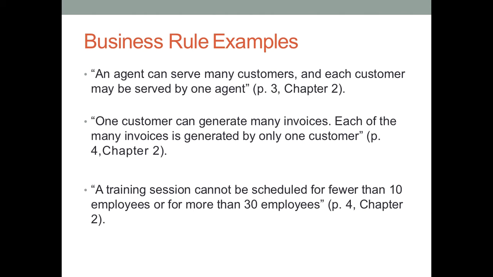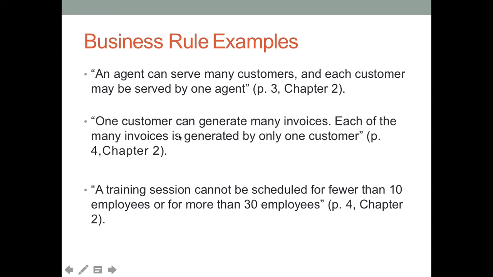First, an agent can serve many customers, and each customer may be served by one agent. You can infer this is actually a one-to-many relationship. An agent is associated with many customers, and a customer is associated with one agent.